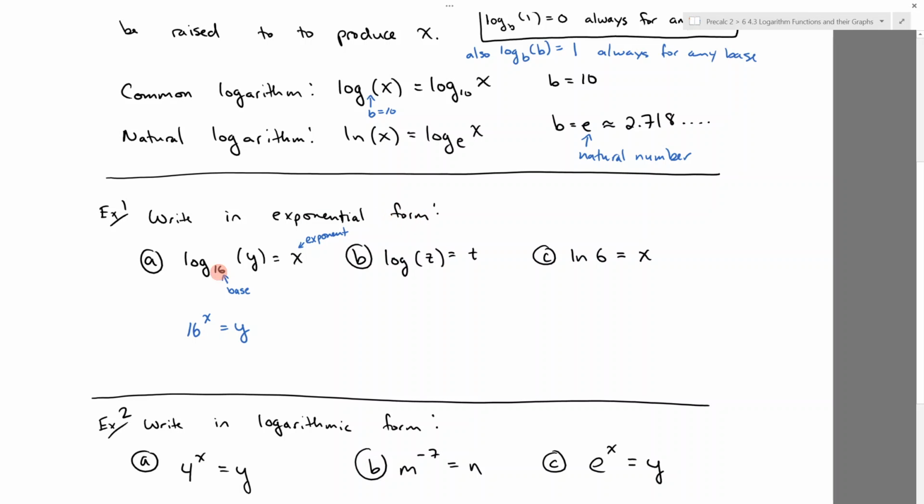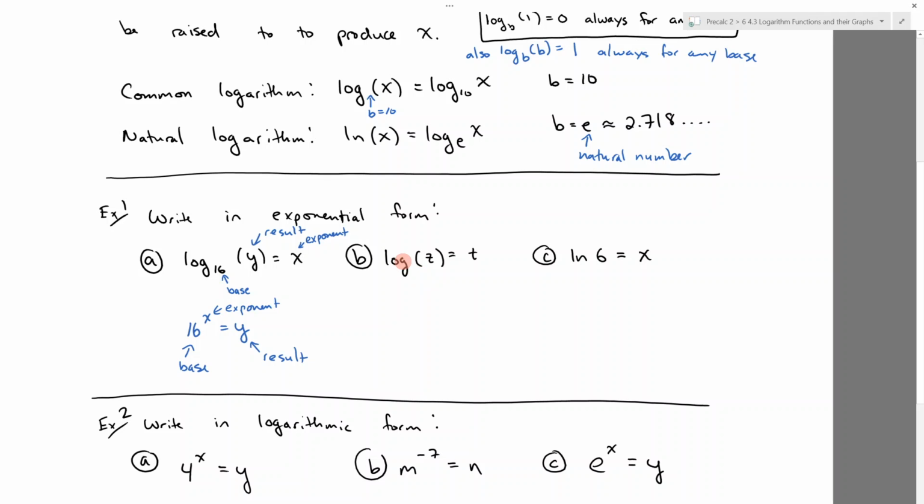We just identify the base, the exponent, and the result. In exponential form, the base goes here, the exponent goes here, and the result goes after the equal sign.